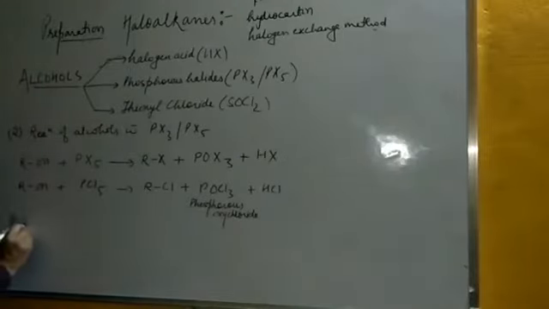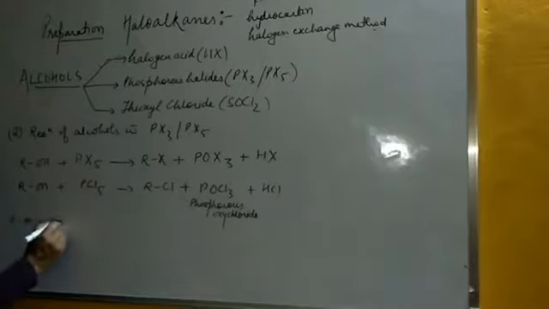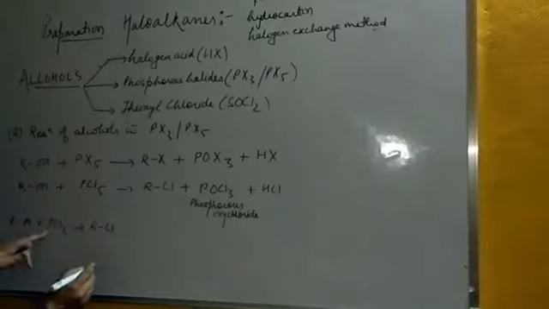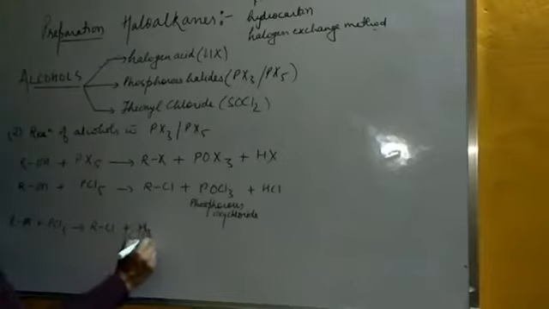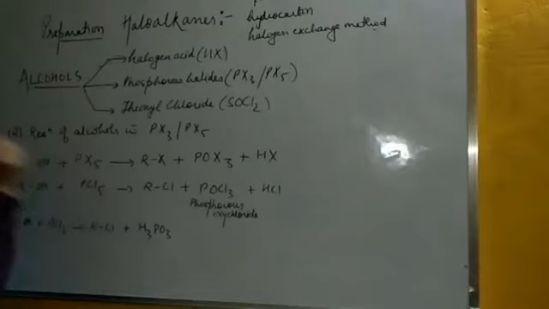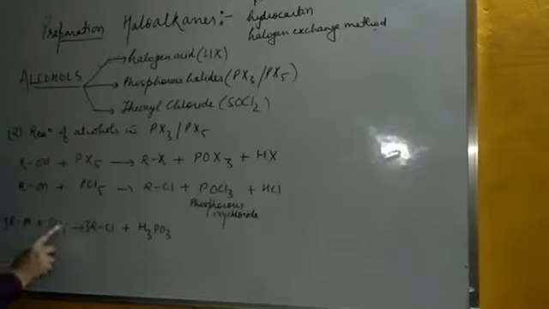And if we are using ROH plus PCl3, students, that time we will get RCl formed plus H3PO3, and accordingly you will balance the reaction, with 3 here. So R 3, alkyl group, oxygen 3, hydrogen also 3, phosphorus 1, chlorine 3, so it is 3 here.